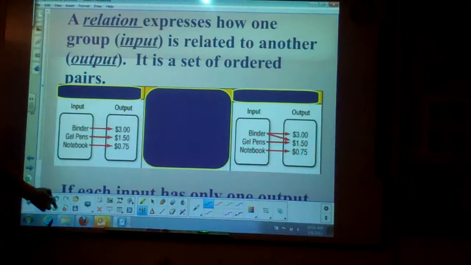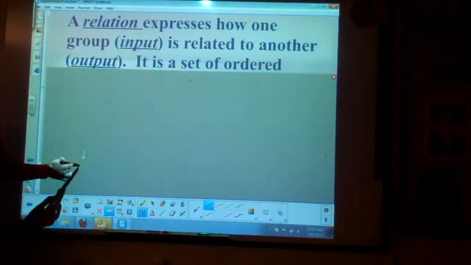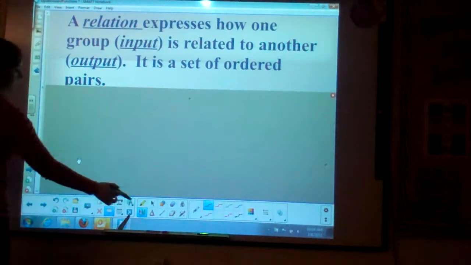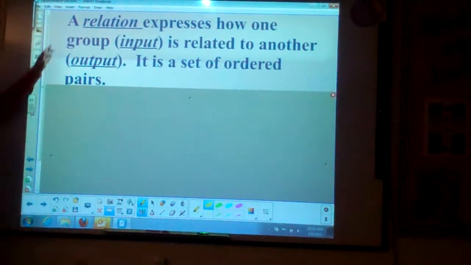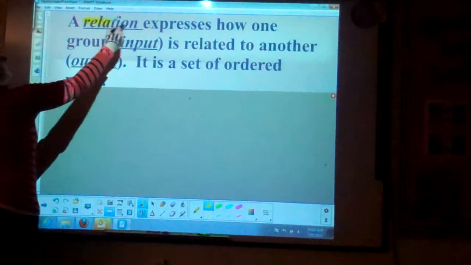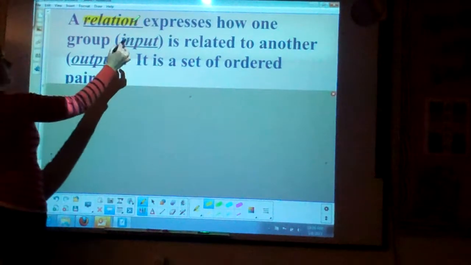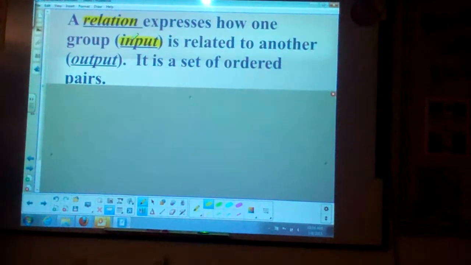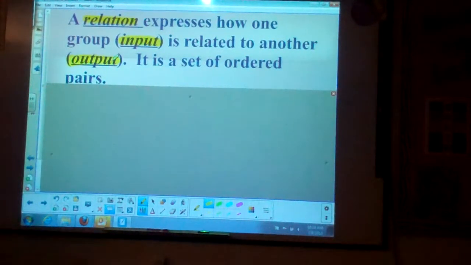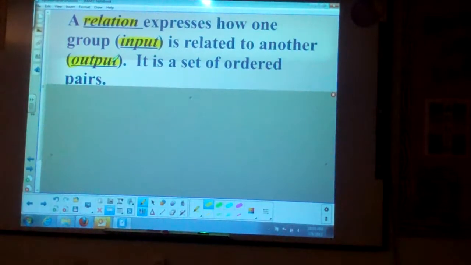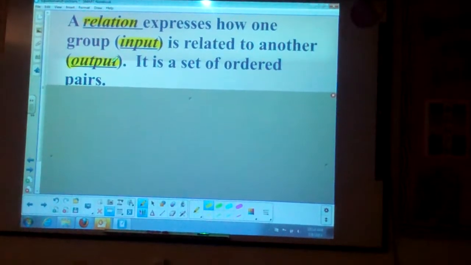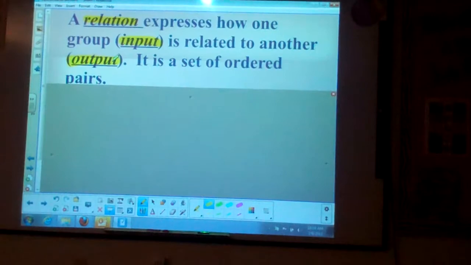So here is the first slide. We've got a couple of key vocab words in here. It says a relation expresses how one group, which we call the input, is related to another group, which we call the output. That relation, the input and the output, is a set of ordered pairs.